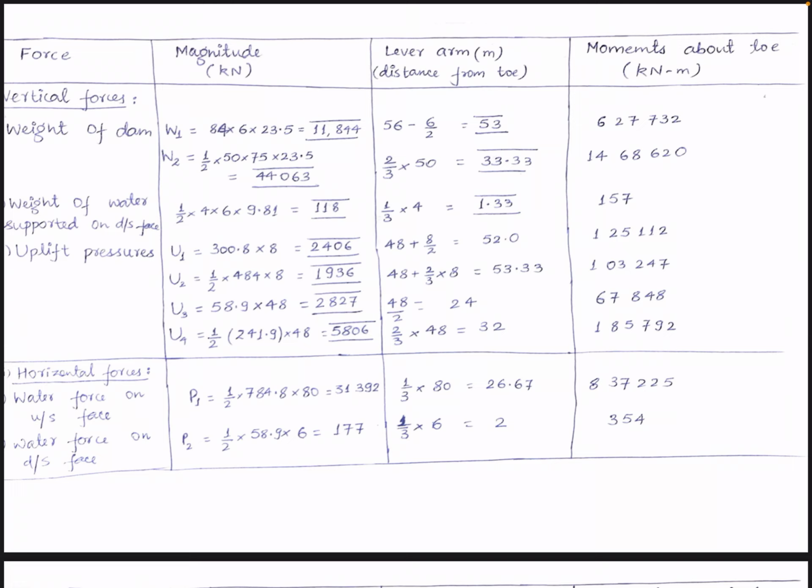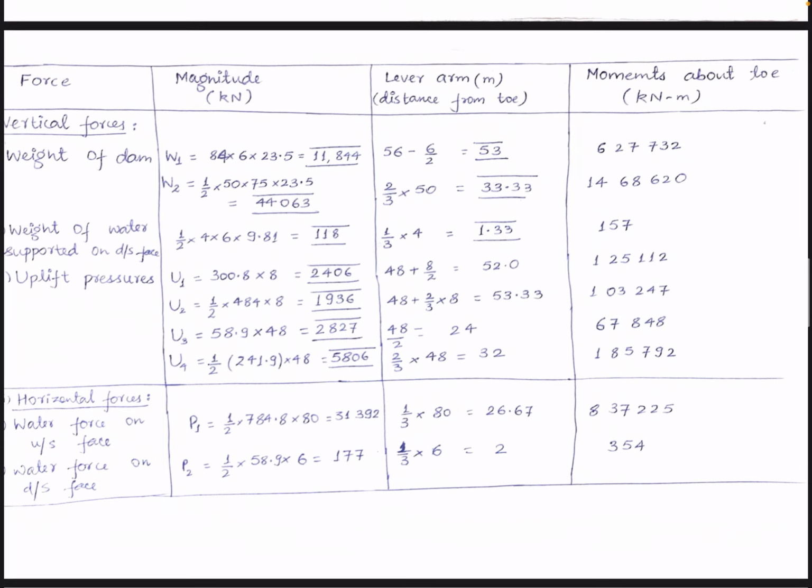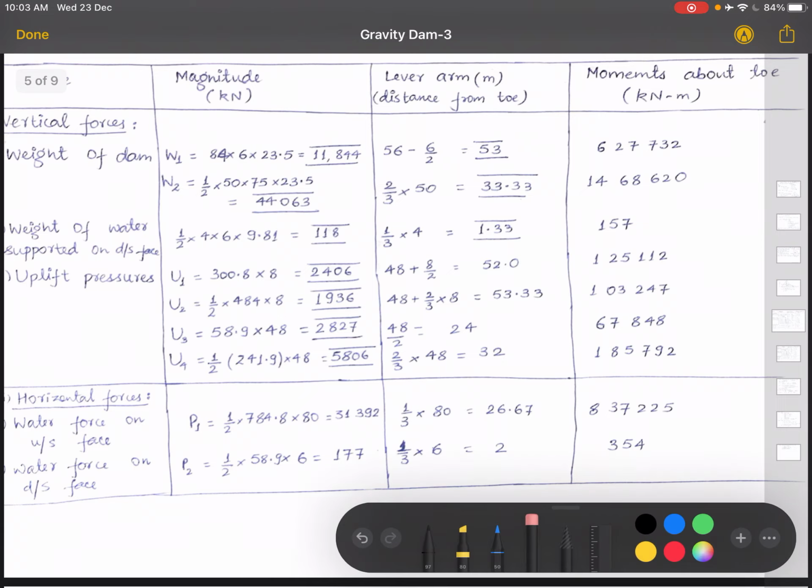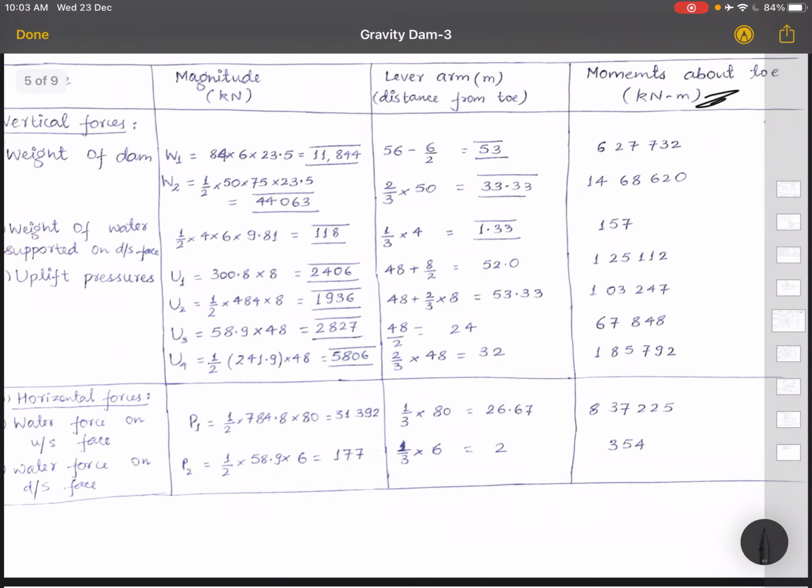So for that we have to take the moment about the toe. Okay, so for this we have to take the lever arm. So just go through this, W1, W2, U1, U2 I have shown in the figure previously. Check how these values are coming.